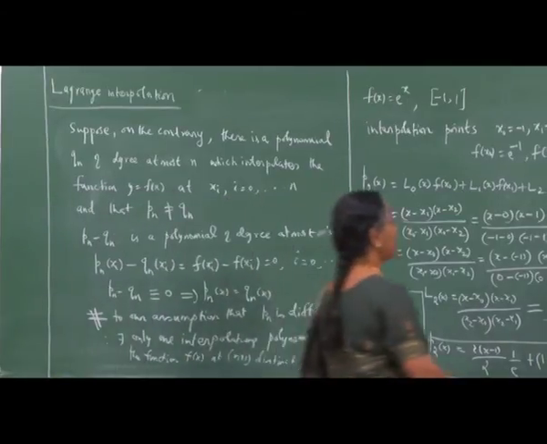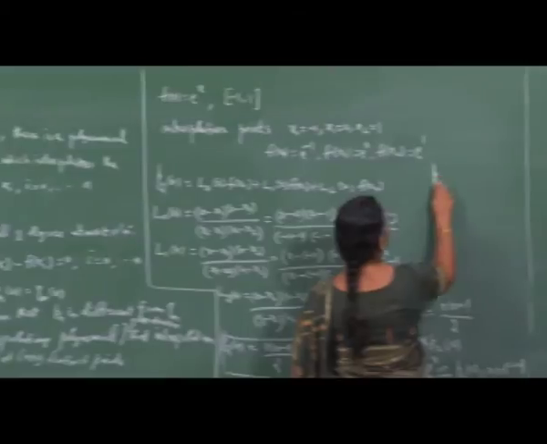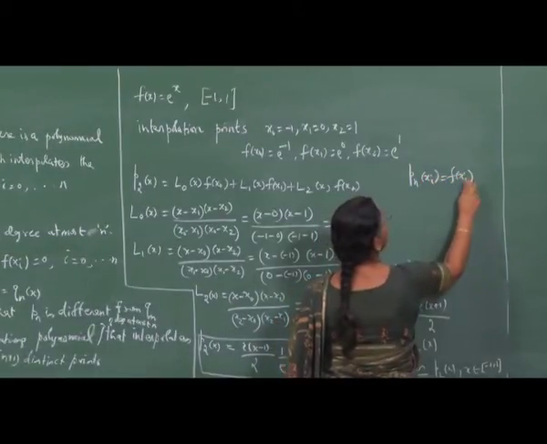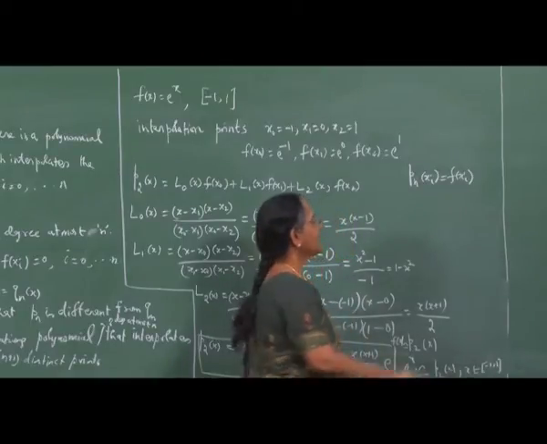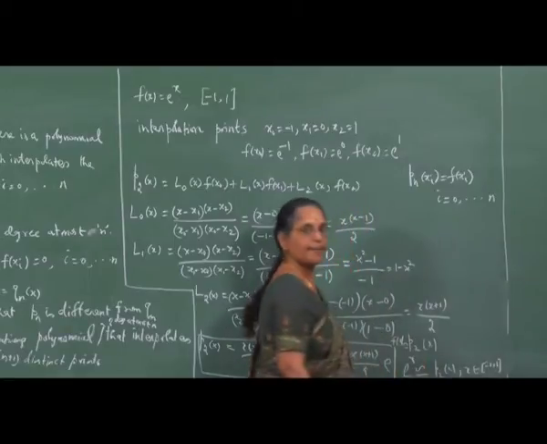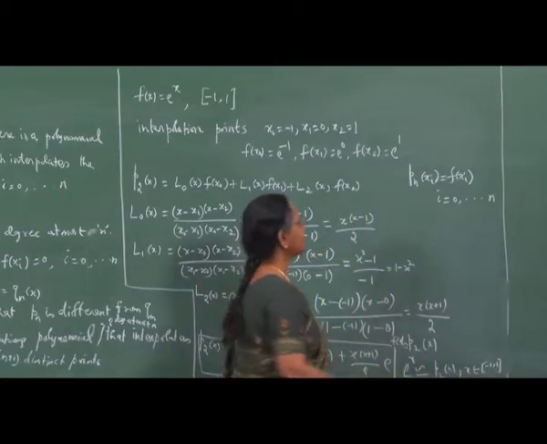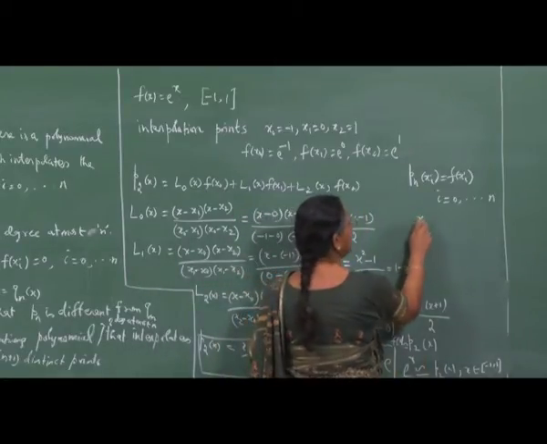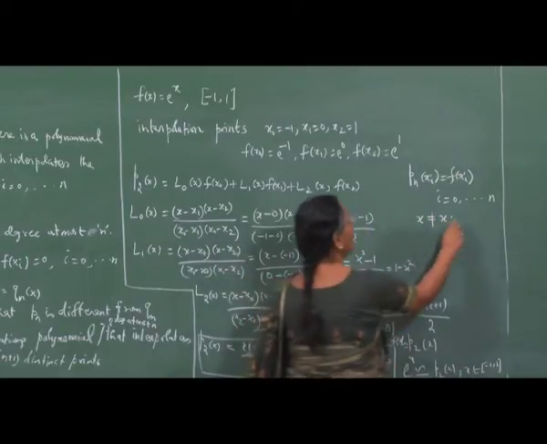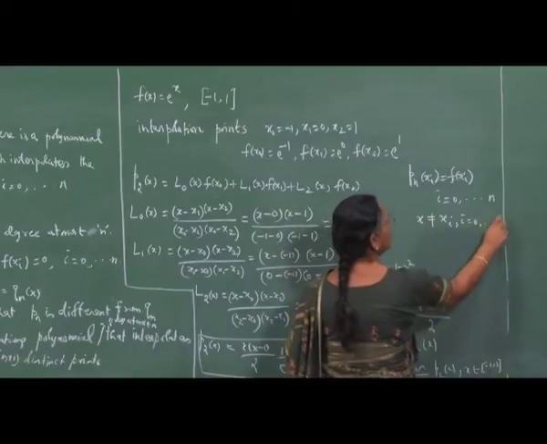And this polynomial has the property that at the points xi, it takes the same value as the function. So, this is so for i is equal to 0 to n. So, the question arises, what happens at any other x which is different from xi for i is equal to 0, 1, 2, 3 etc.